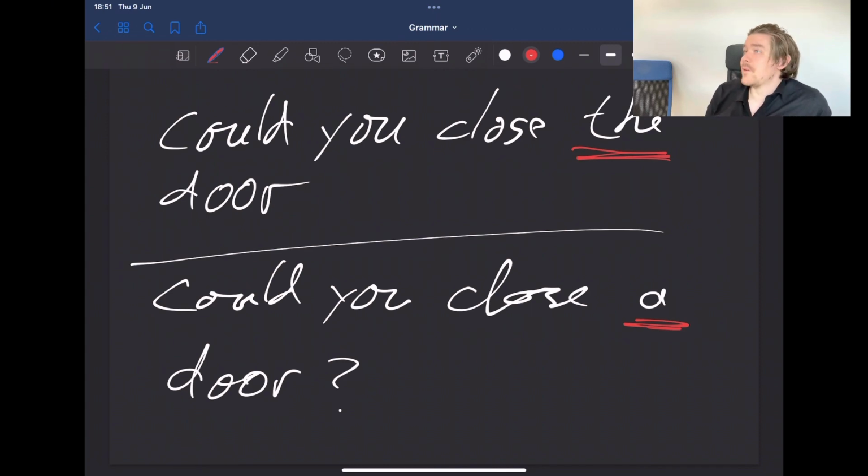Maybe if it's cold outside, there are many doors open in my house, and I personally think it's getting cold. I would like some doors to remain open, but I would also like one to be closed. I don't care which door is being closed, as long as one door is closed. Here, I guess I could say, could you close a door? Meaning, I don't care if it's that door or that door, as long as one of them is being closed.